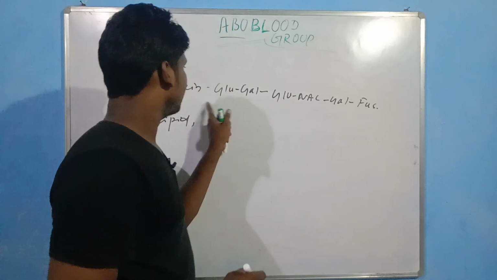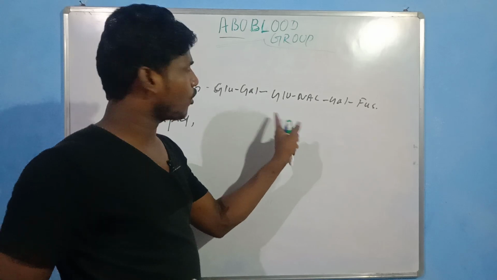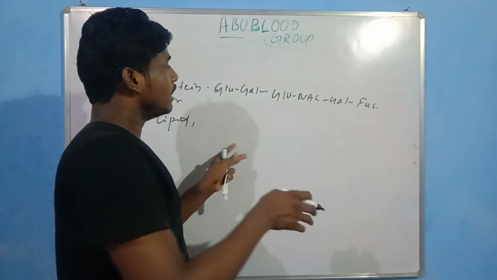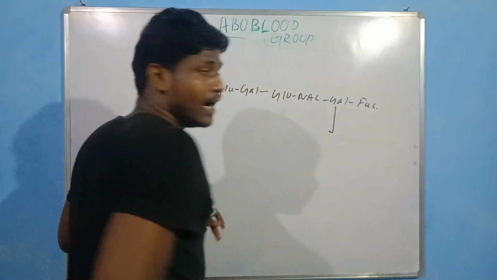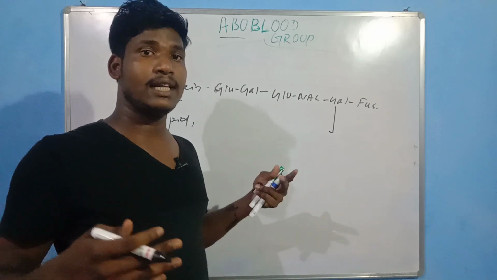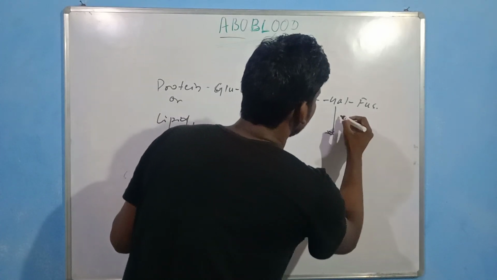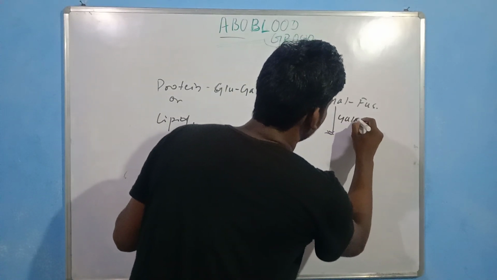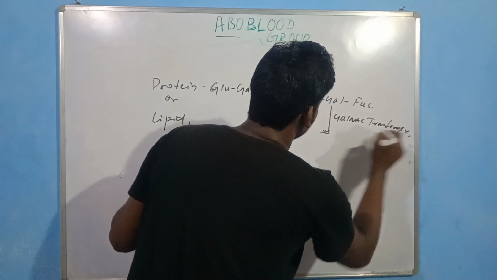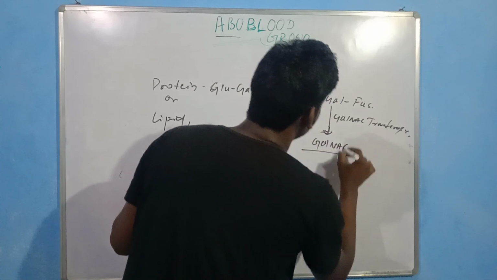This is the complex oligosaccharide chain. If another N-acetyl galactosamine is added, catalyzed by the enzyme N-acetyl galactosamine transferase, it is called the A antigen.